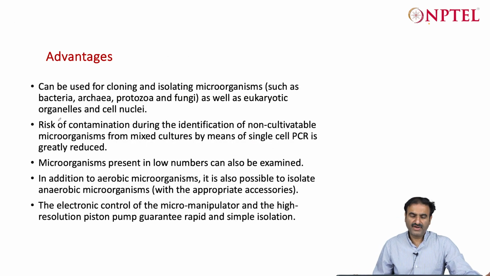It is very good for isolating single microbes, and the risk of contamination is also less because you are doing it manually. Even if you have picked an incorrect cell and it is sequenced, it can be removed later by computational methods, but still you can regulate or control this process of picking the right cells.